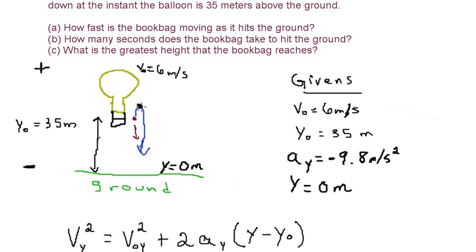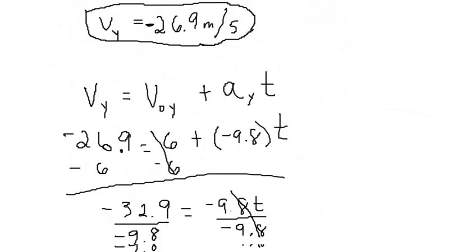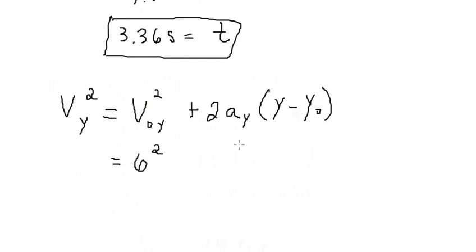So the final velocity when the book bag hits the ground is not the same thing as the final velocity up here, which is what we're interested in. We know that the initial velocity is 6 meters per second, and the final velocity is the one that's up here. So this is 0 meters per second because the ball is still at that point. So that's a tricky one, and that's why I decided to do this problem, because I know that this problem is a little bit complicated.